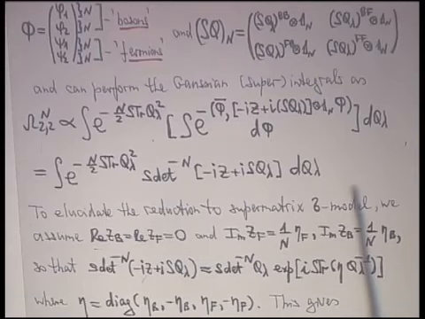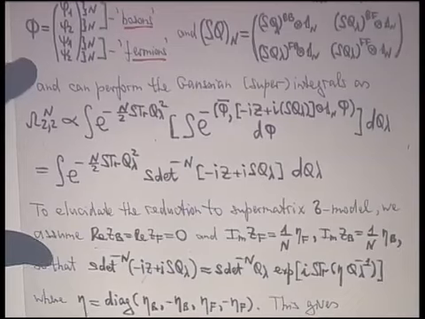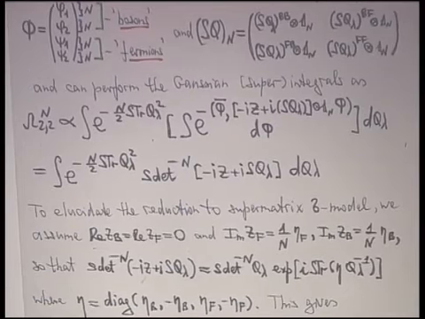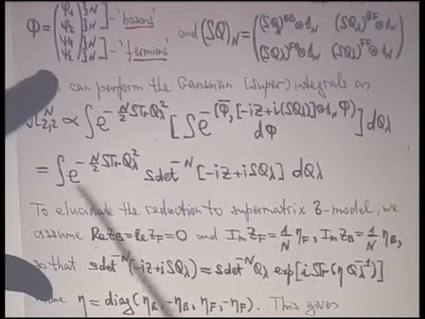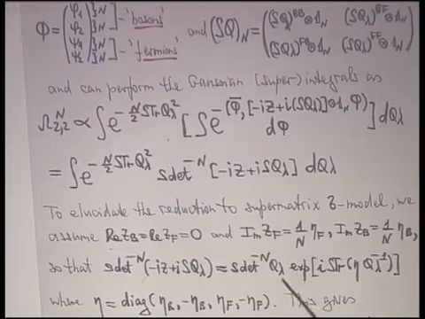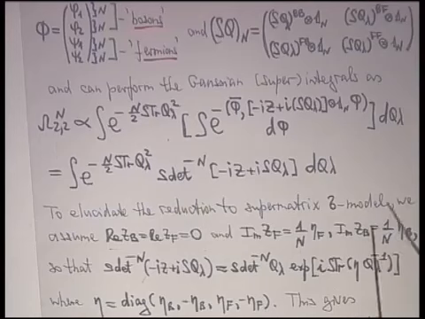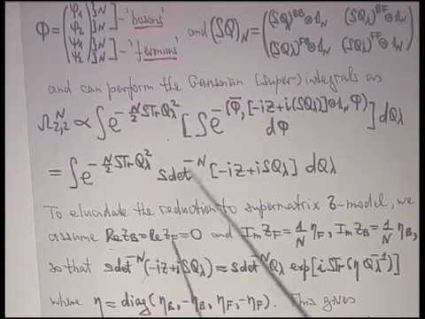We will see that we have the form that we always liked, exponential of a big parameter times some function, and therefore this integral can be evaluated by the saddle point method.